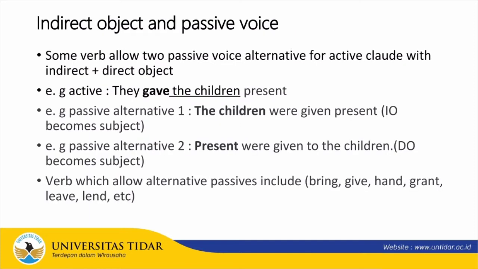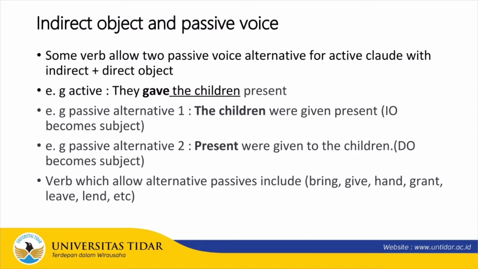The next is indirect object and passive voice. Some verbs allow a passive voice alternative for an active clause with indirect plus direct object. For example, the active is: they gave the children presents.